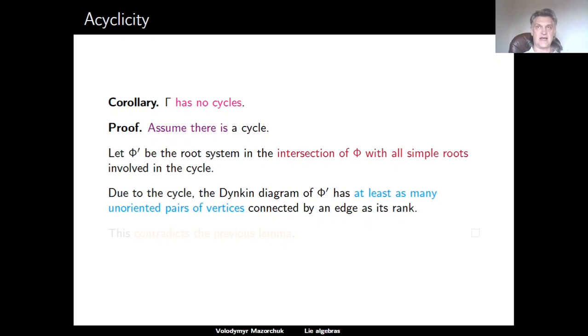Indeed, if you have a cycle connecting k vertices, then this cycle has at least k different pairs of vertices which are connected with each other. But this contradicts the previous lemma, hence applying our corollary. So from now on, we know that our graph gamma is acyclic.